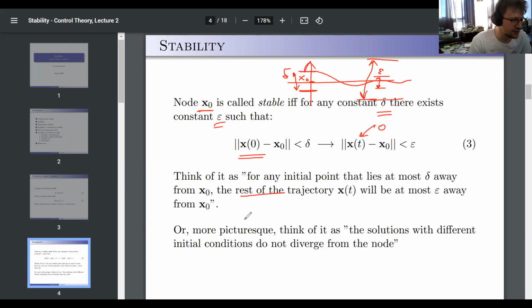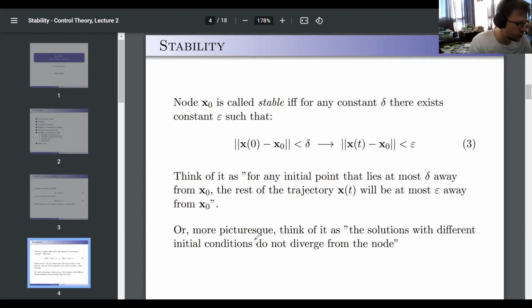Less precise, but I think more useful, you can think of it this way: the solutions with different initial conditions do not diverge from the node. You understand the concept of divergence, right? I think, if I have to guess, you think about it this way.